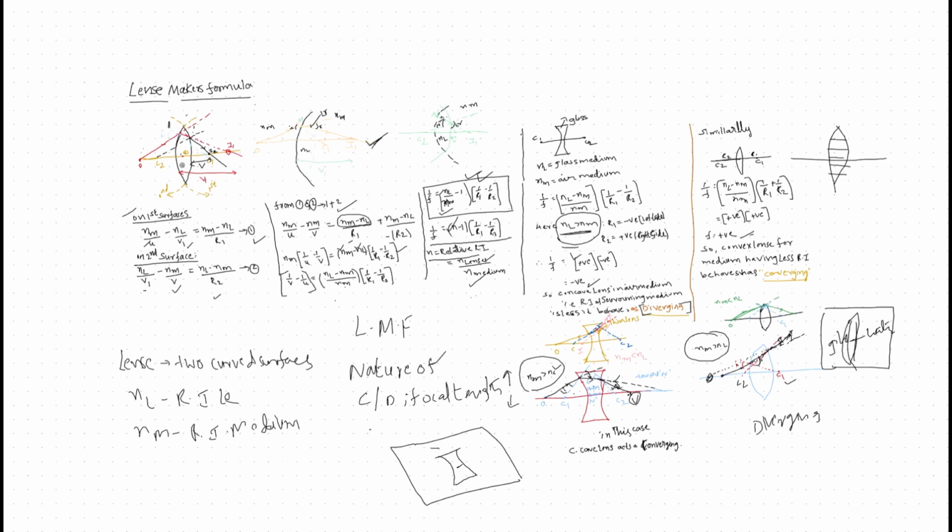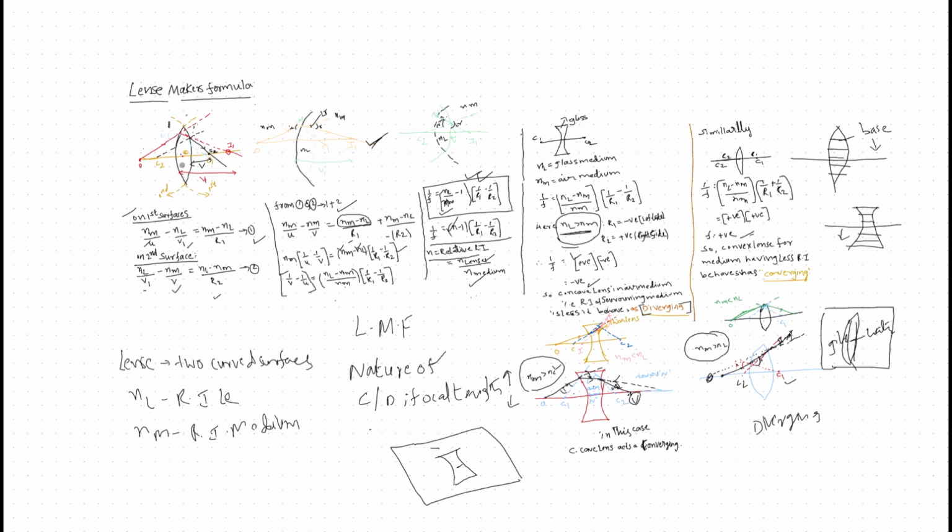The base of the convex lens is towards the principal axis. If you take a concave lens and cut it into pieces like this, the base of the concave lens is away from the principal axis.